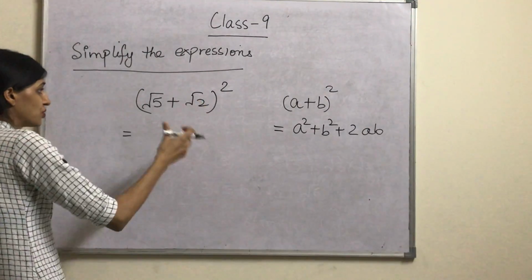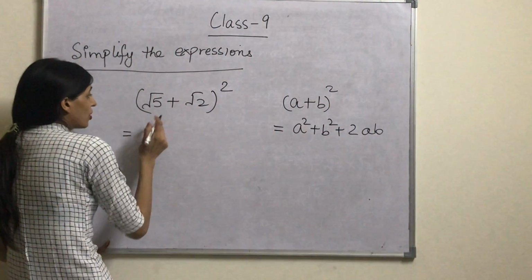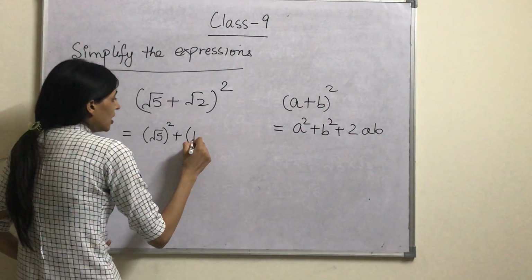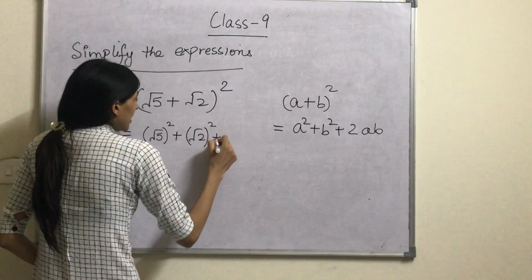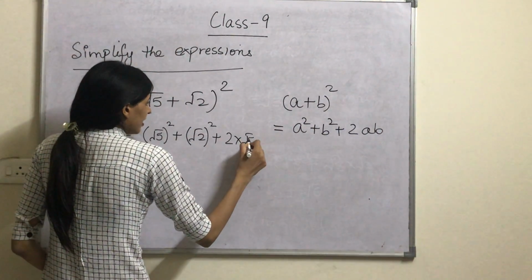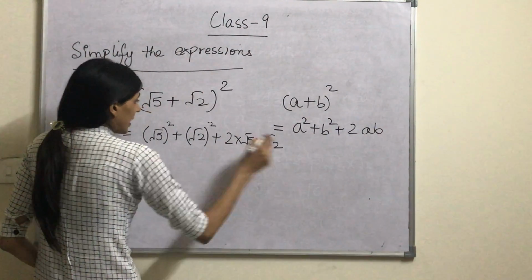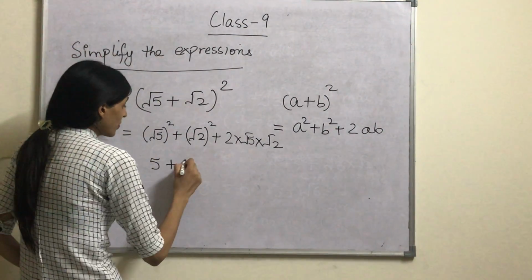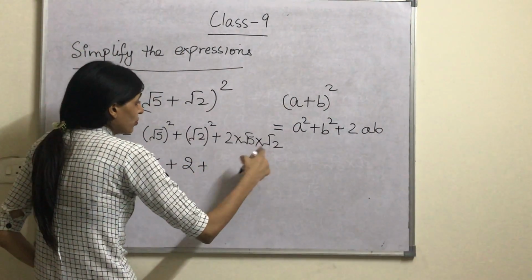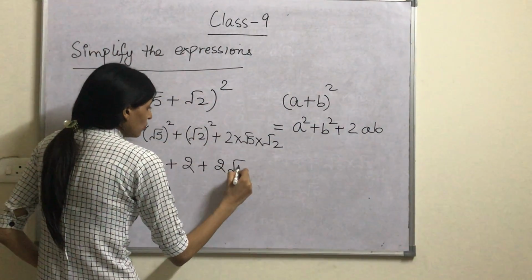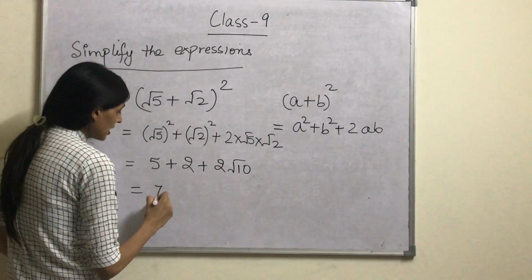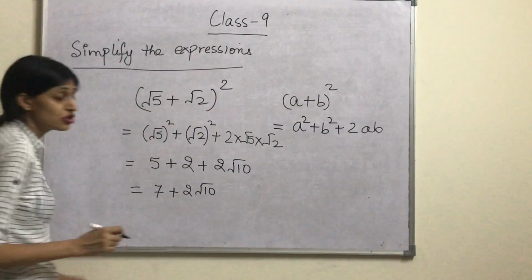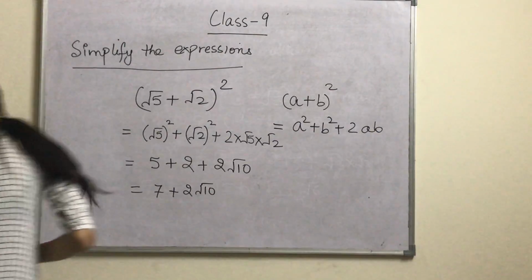What is your A? Root 5 square. What is your B? Root 2 square plus 2 into root 5 into root 2, 2AB. So root 5 square is 5, root 2 square is 2 and 2 into root 10. So it comes out to be 7 plus 2 root 10. This is your final answer.